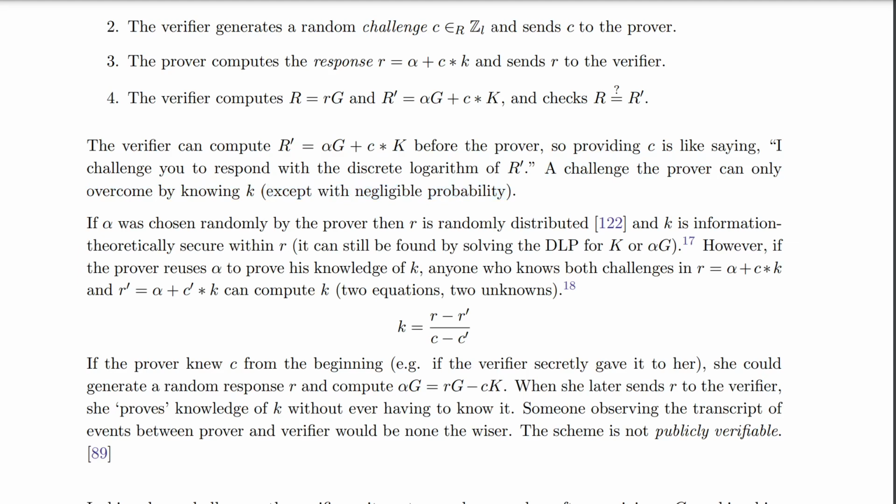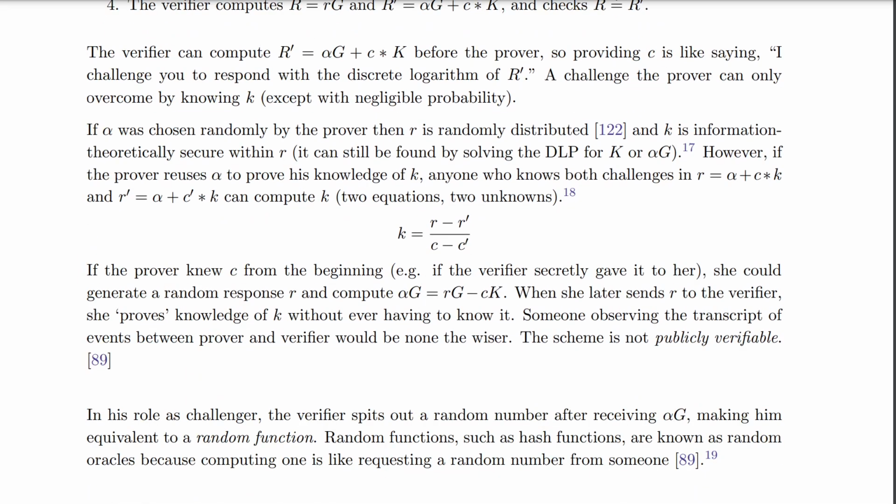If the discrete logarithm problem doesn't hold, but we're assuming it does. So we go through here and just make more explicit some of the assumptions. If alpha was chosen randomly by the prover, then R is randomly distributed, and K is going to be information theoretically secure within R. Again, you can manipulate this by solving the discrete logarithm problem, but we assume that you can't.